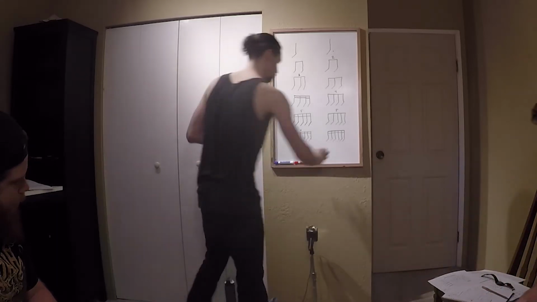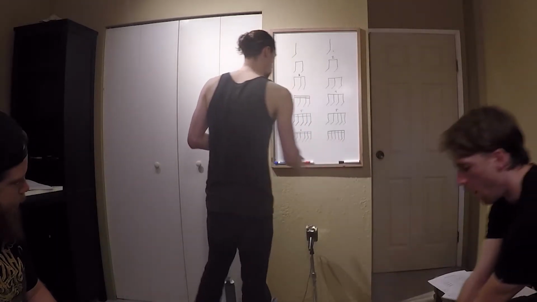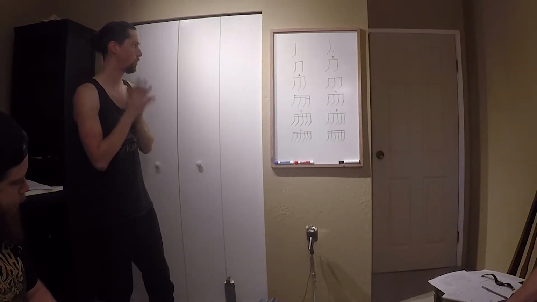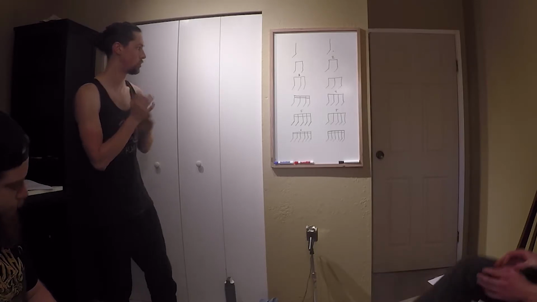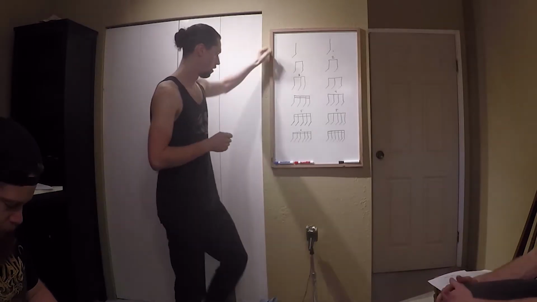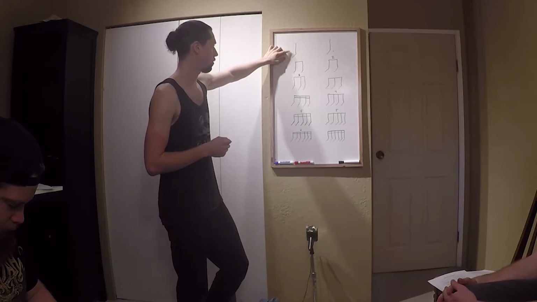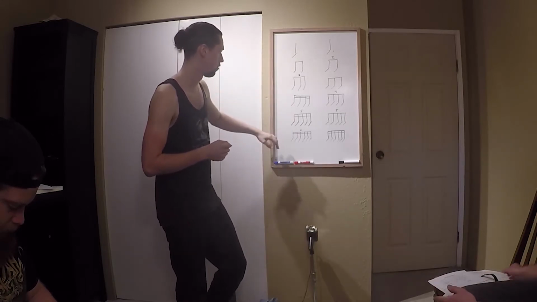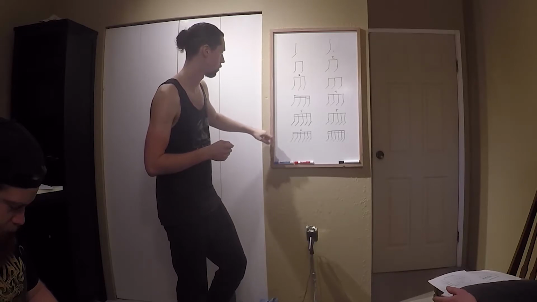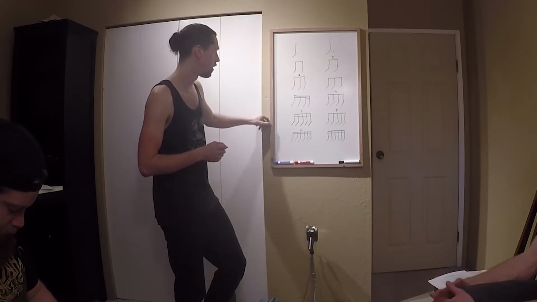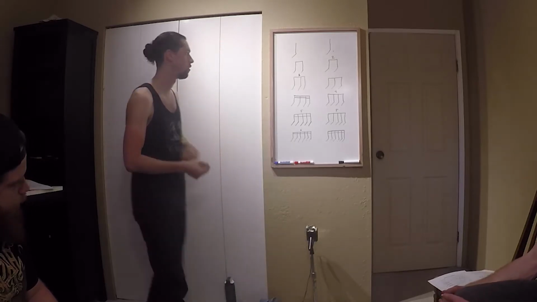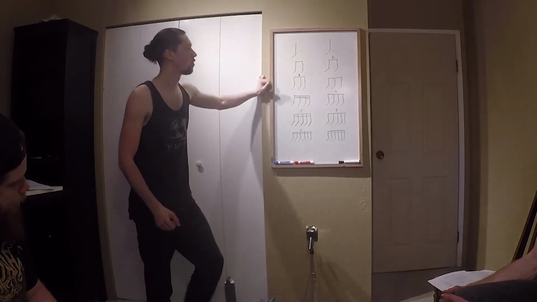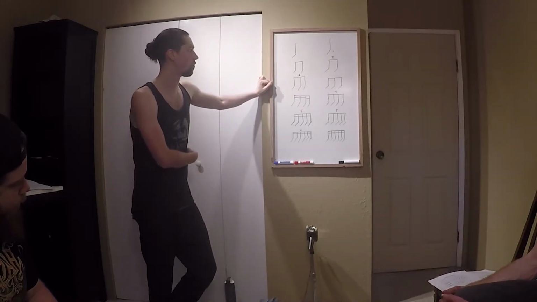So I've got another exercise for us. Let's just work with the quarter note. We're going to do quarter note, 8th note, 16th note, and 32nd notes. And we're just going to count how many divisions there are.